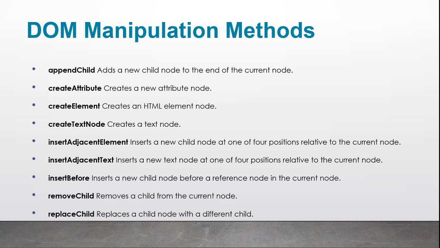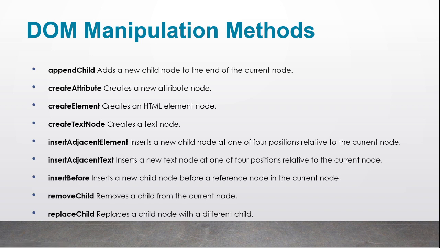Create attribute creates a new attribute node. Things like, remember, your href, stuff like that. Create element, creating a new HTML element node. Text node creates a new text node. And then these are just ways to change where it's inserting, because again, append does only to the end. So this looks for a thing. You have to have a selector first, and then puts it next to it.